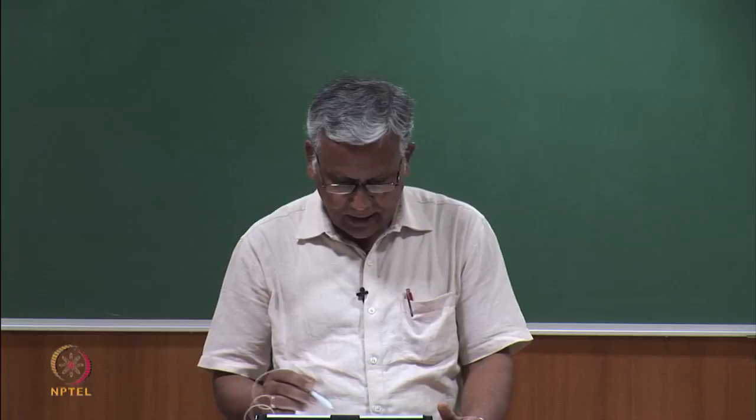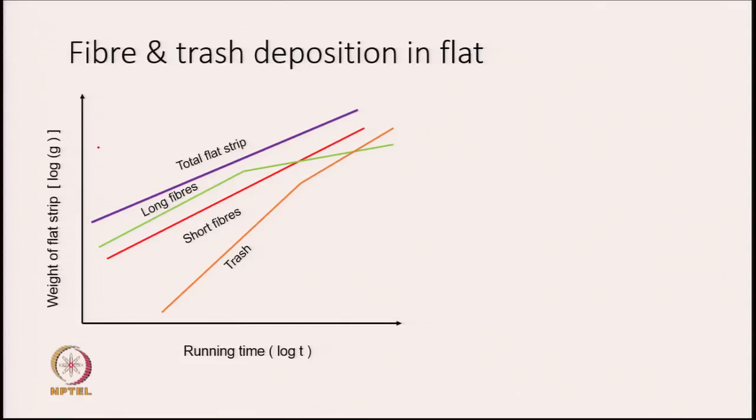Now, here the diagram is clearly showing to us that as trash keeps on increasing, short fibers shown by the red line also keep on increasing, the long fibers also increase, and the sum of all these three, total flat strip, also increases with time.